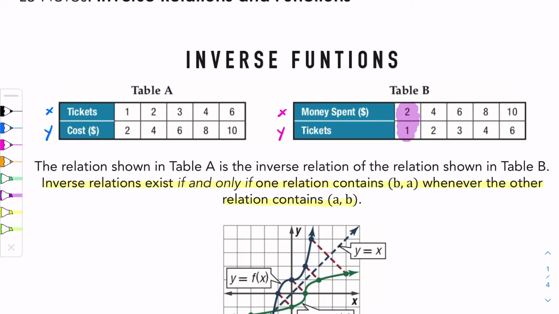You can see that the points are actually switched. Here we have an x value of 1, here we have a y value of 1. Y value of 2, x value of 2. So these are actually going to be switching locations.